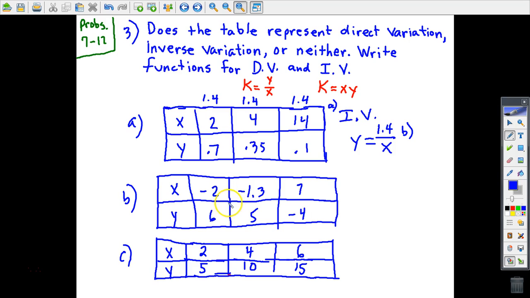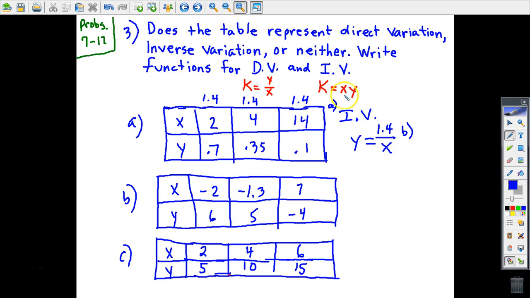Another thing that you can observe is for direct variation, as x gets bigger, then y should also be getting bigger. Okay, and that's not happening. Well, x is getting bigger on the top, but y is not getting bigger. It's getting smaller. Okay, so we know direct variation is not possible for letter B.